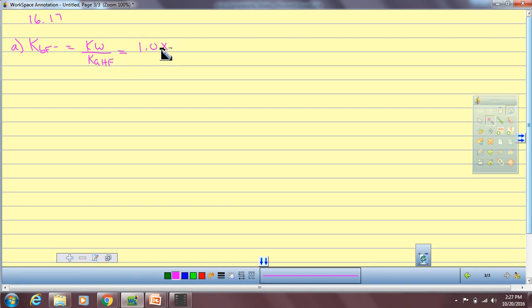Kw is 1 times 10 to the negative 14, and you can look in Appendix D of the textbook and find that the Ka of hydrofluoric acid is 6.8 times 10 to the negative 4. And when you work that out, you find that Kb of fluoride ion is 1.47 times 10 to the negative 11.